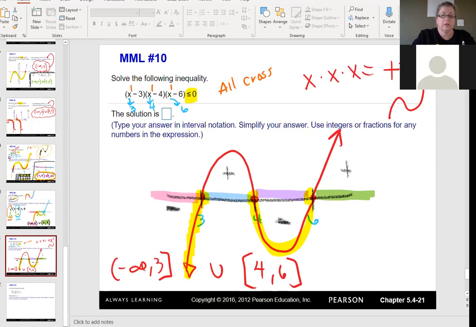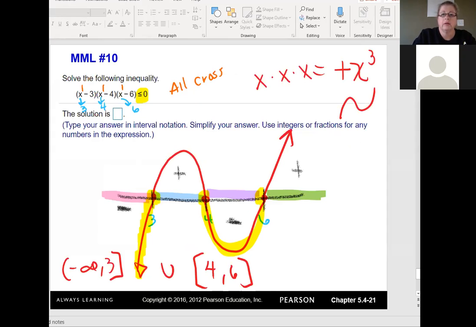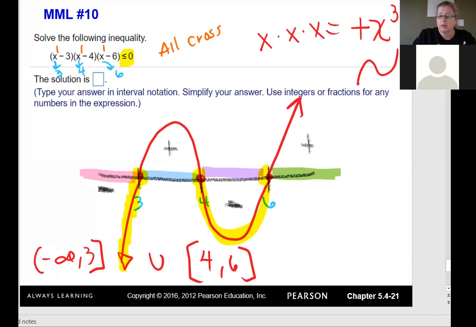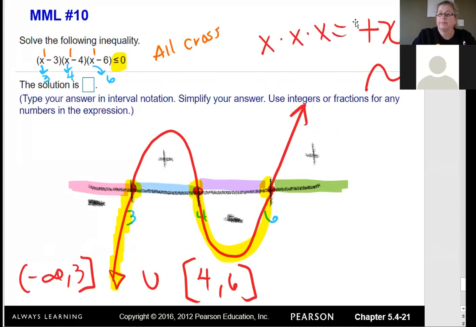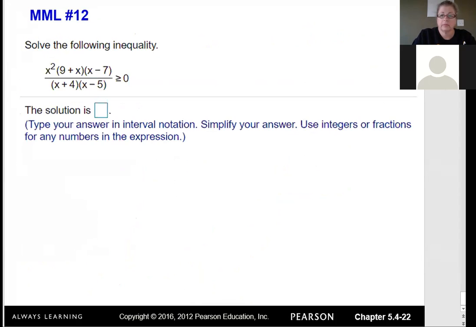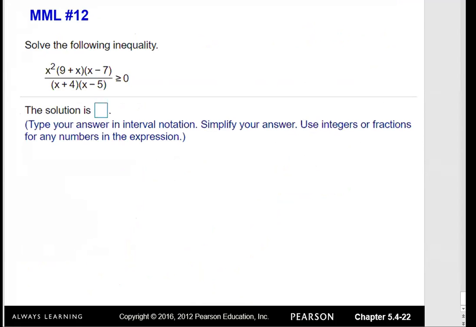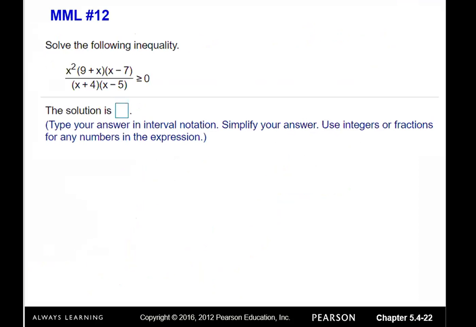Except I want to shrink the screen down. Go to that one. There we go. All right.